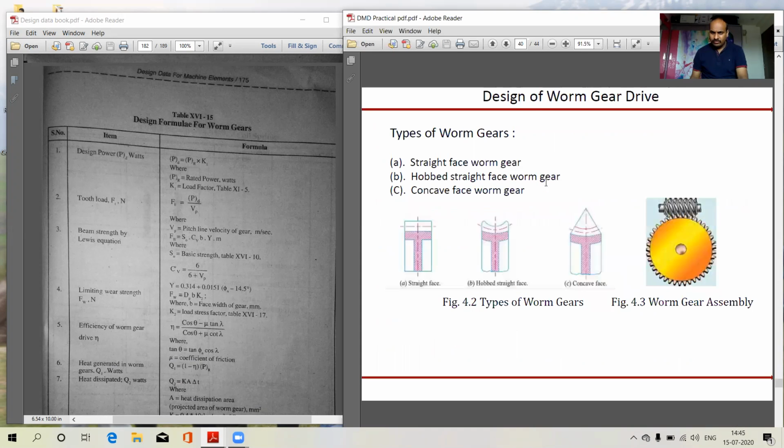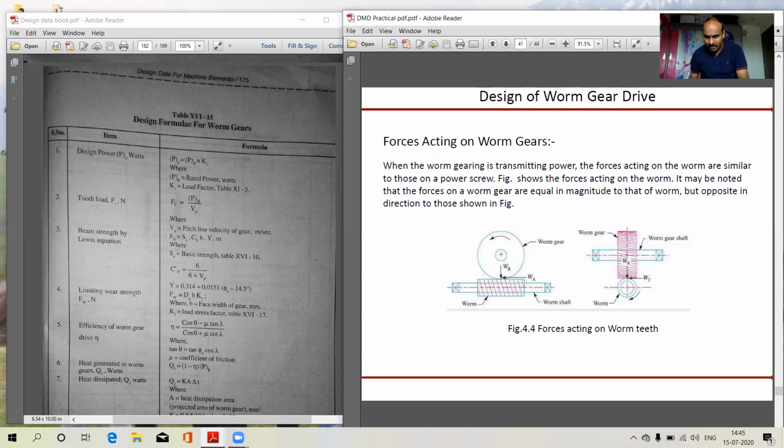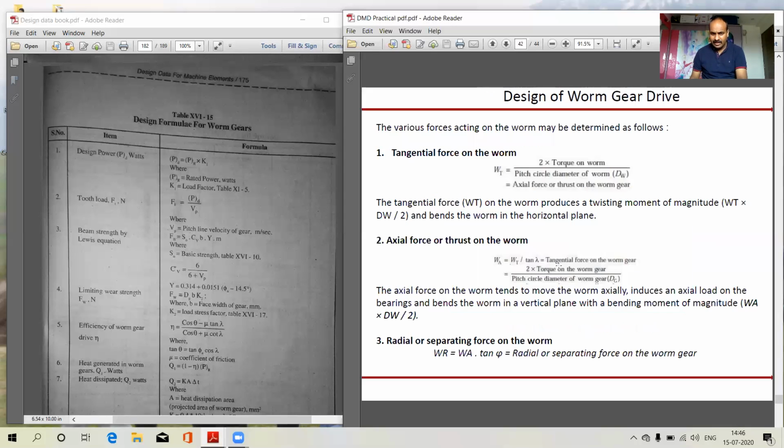I will just show you a figure. See here, one axial force WA. That WA is the axial force, perpendicular to the radial load, but what does it cause? It causes the worm to move in axial direction. So one more force is there other than what we called earlier, the radial load and tooth load.